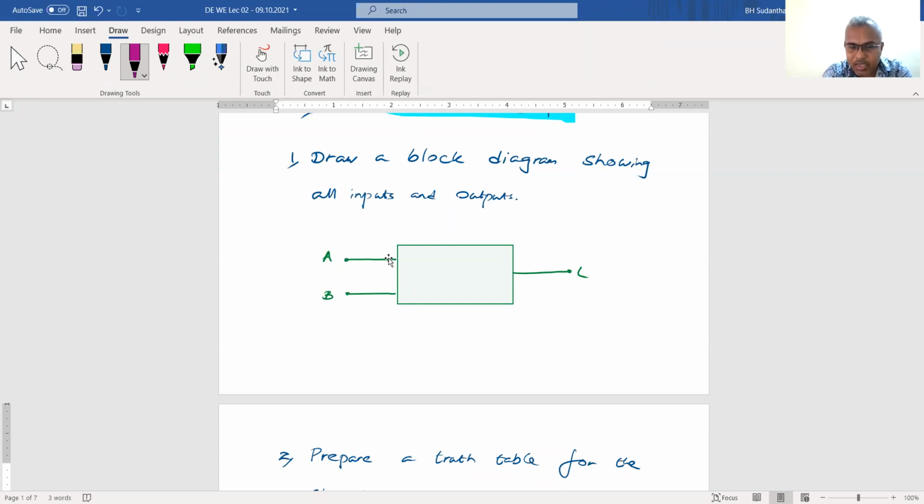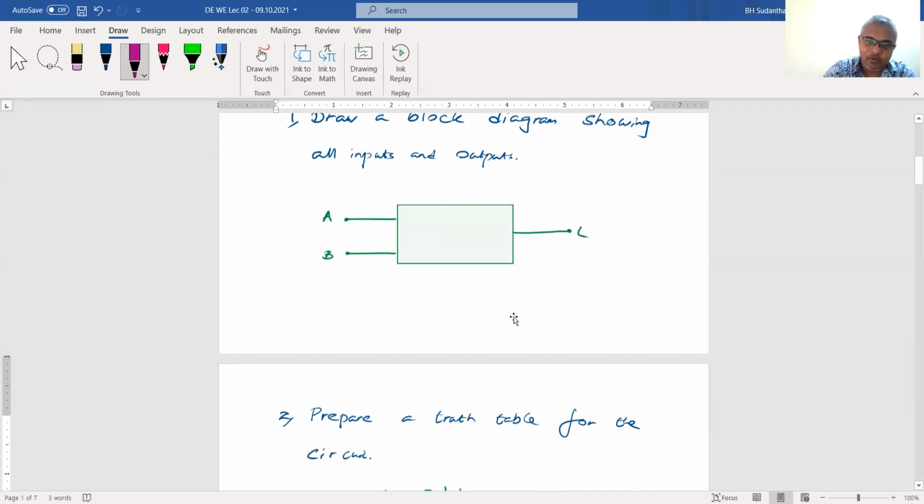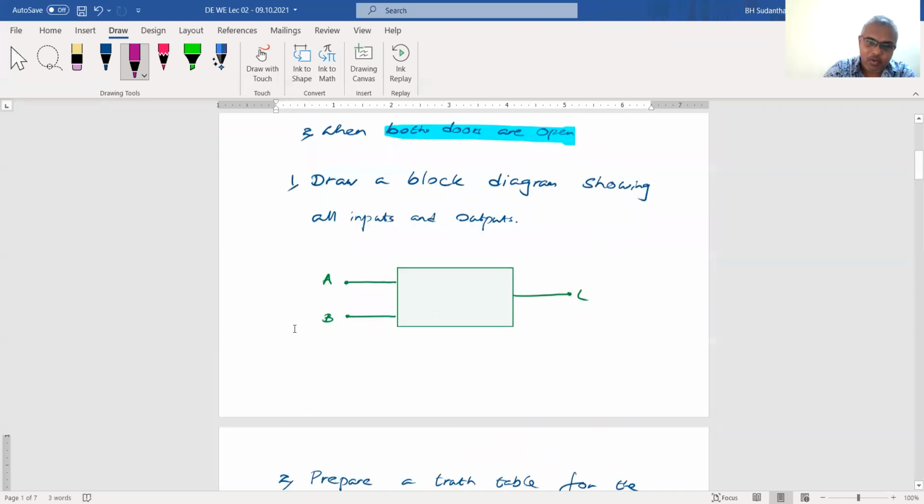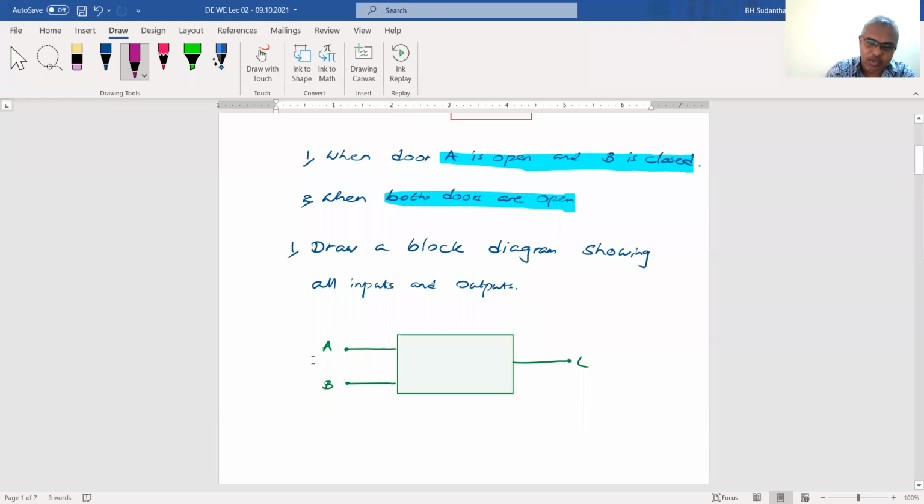When you have a complicated circuit, you should know how many inputs and how many outputs there are. That is the only purpose. It's a very simple thing, not a big step. As a practice, before we design a circuit, we draw this type of block diagram showing all the inputs and output connections.